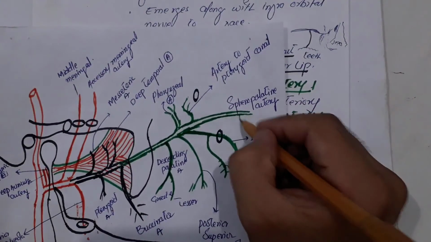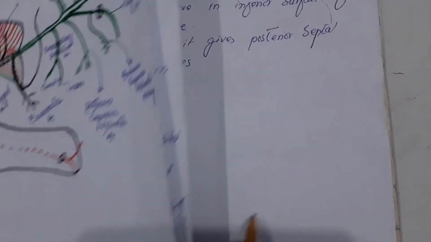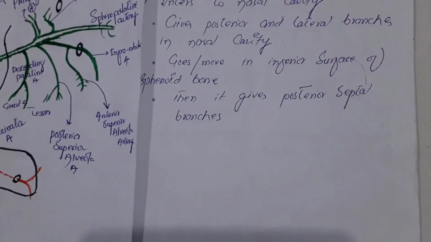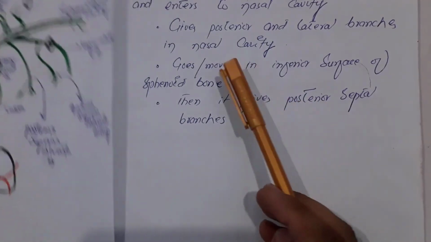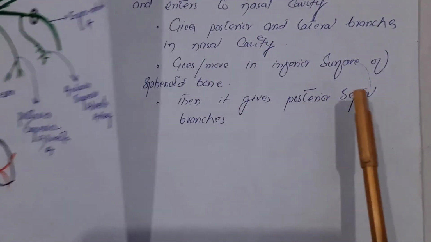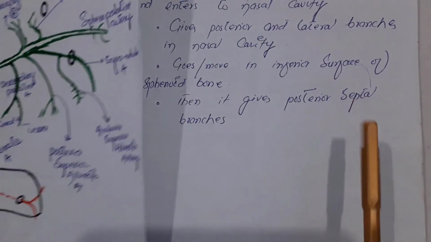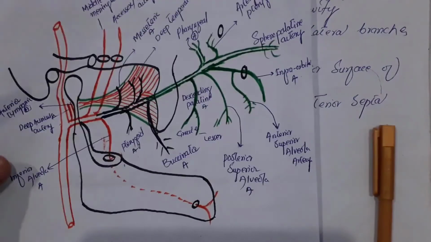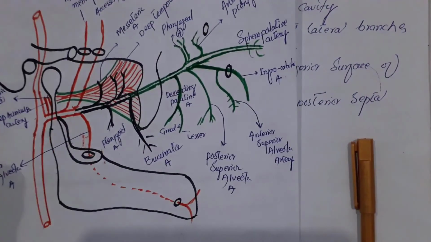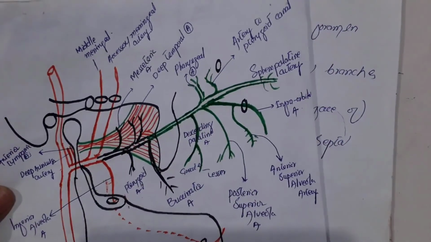Dear friends, the sphenopalatine artery, as I have discussed, enters the nasal cavity and divides into lateral branches and posterior branches, and they mostly supply the posterior septum and other parts of the nasal cavity. So this was about the branches of the maxillary artery.